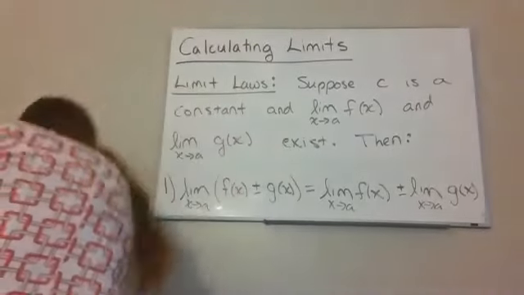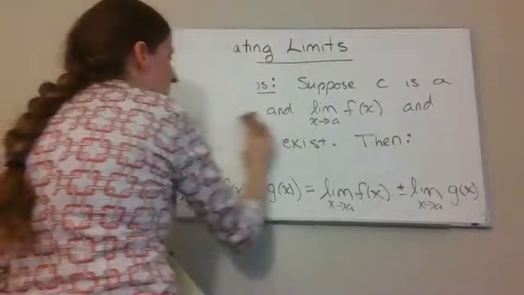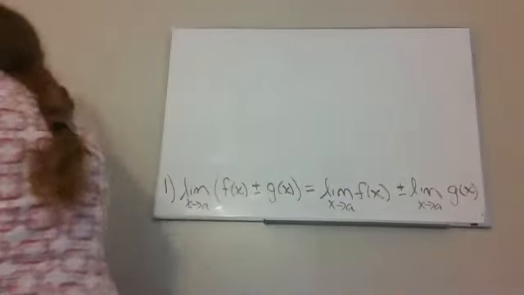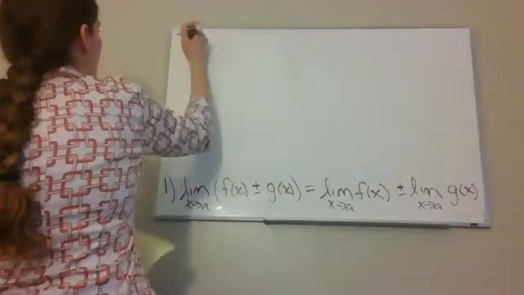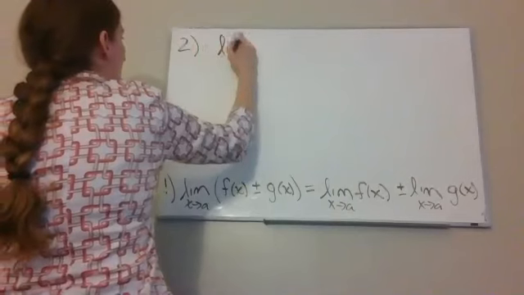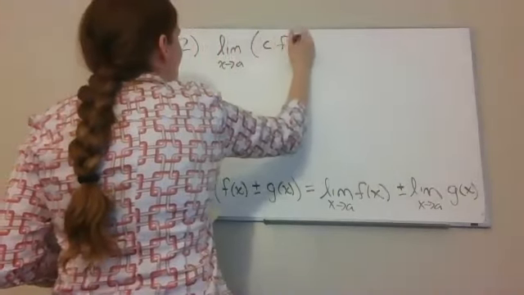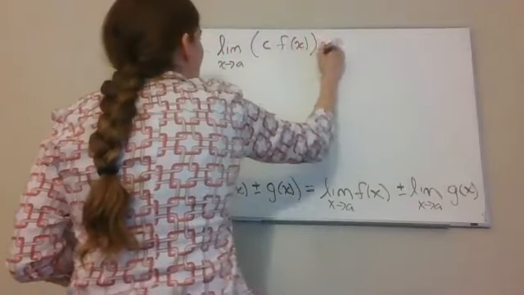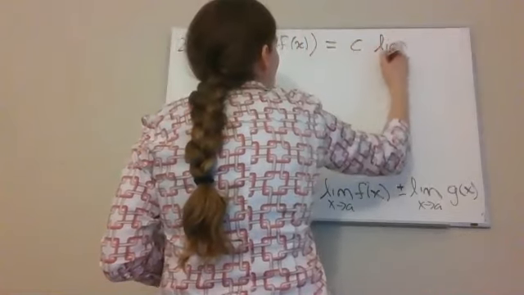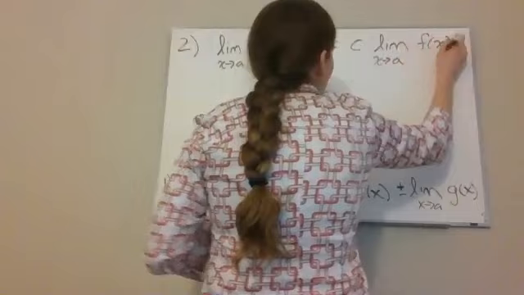Our second limit law involves multiplying by a constant. So we have that the limit as x approaches a of some constant times a function is equal to the constant times the limit as x approaches a of the function.